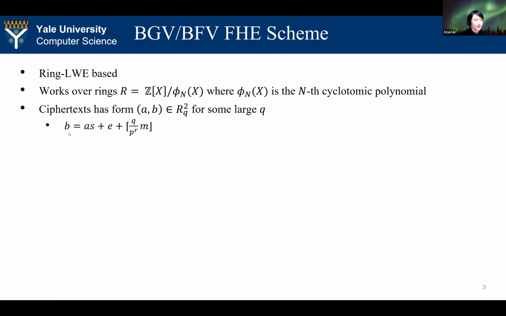And then it satisfies B equals A·S plus E, where S is some secret ring element and E is some small error, plus some encoding of the message M you want to encrypt. This message M is within the plaintext space, the ring R_{p^r} for some p^r.